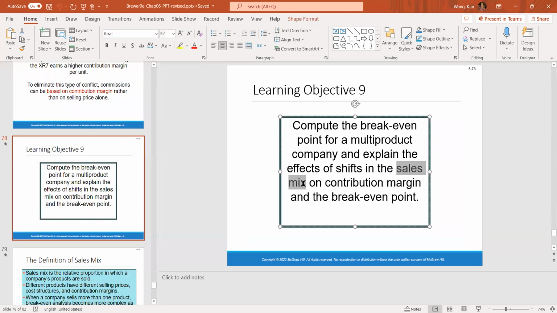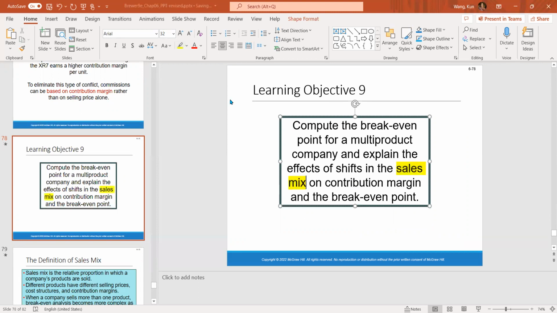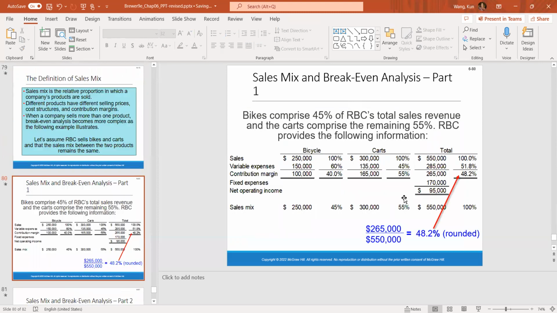For the sales mix, we basically use the same idea from the single product formulas, but we mix all of the different products or departments together using the weighted average contribution margin ratio. So when you calculate the break-even or target profits for sales mix, because we cannot really do the weighted average for the unit, we have to start from the contribution margin.